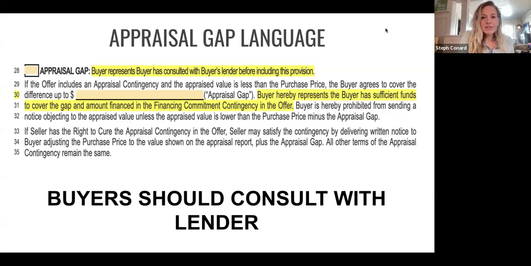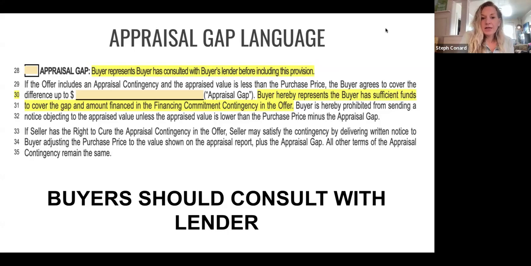Okay, so the way that this works, starting at line 29, you would include this appraisal gap language if you're including an appraisal contingency in the main body of the offer to purchase. If the offer includes an appraisal contingency and the appraised value is less than the purchase price, the buyer agrees to cover the difference up to blank.